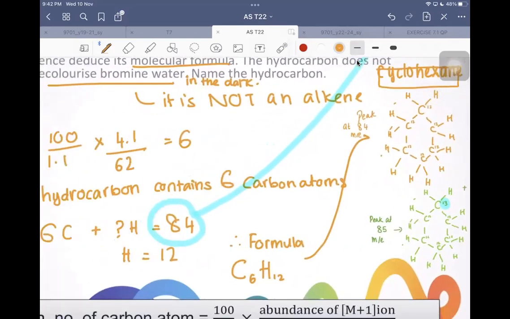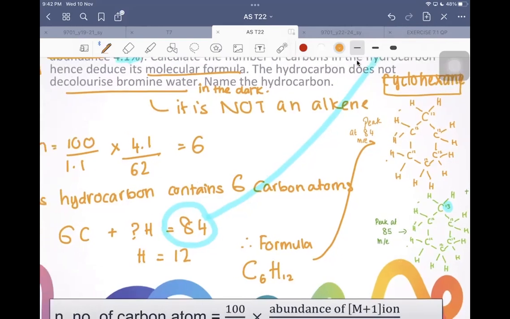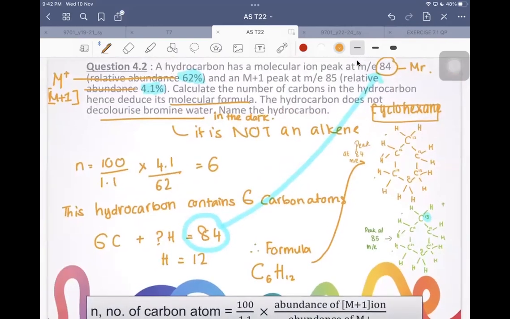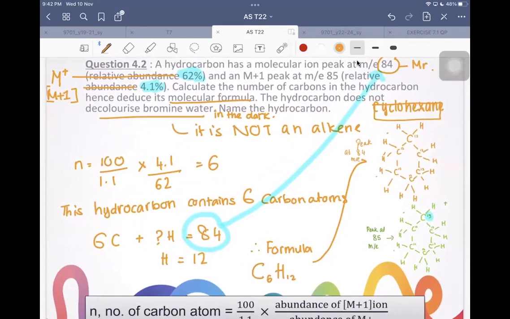That's why the abundance is really small. You can see that the abundance of this M+1 peak is 4.1%, and the majority will be the M+ peak, which is at 62%. Okay, I hope that makes sense. If you want to copy this down, I will keep it here and you can pause or screenshot. Okay, I'm moving on to the next part.